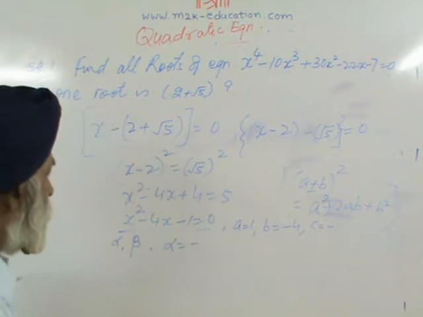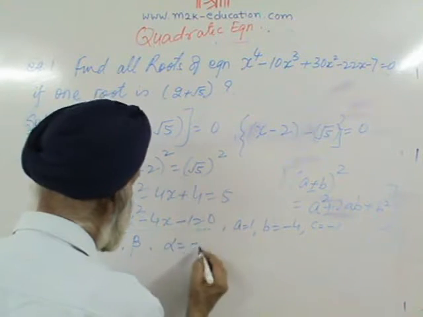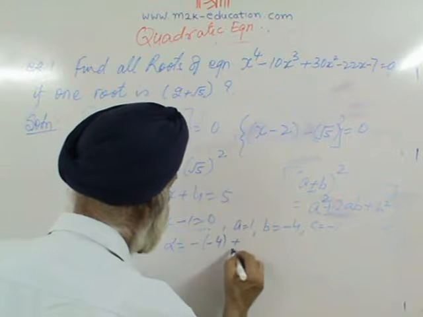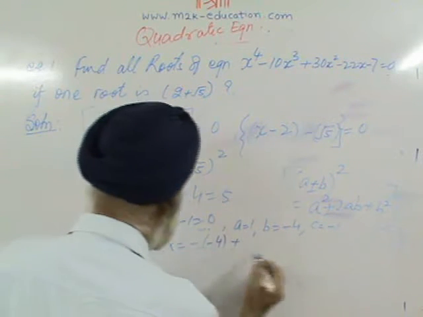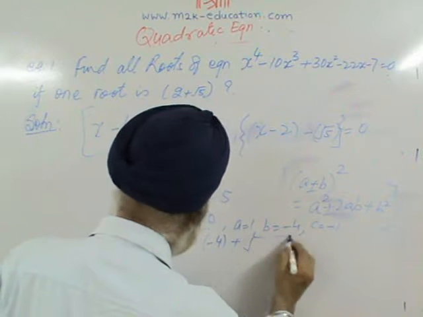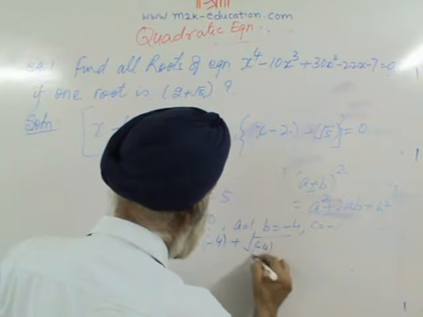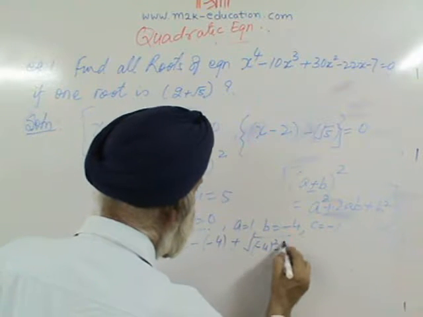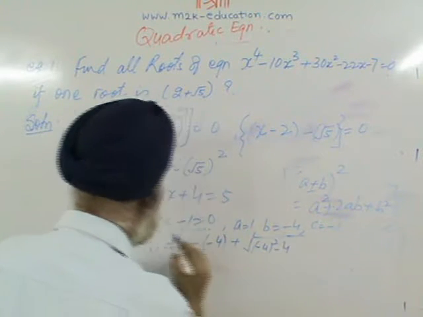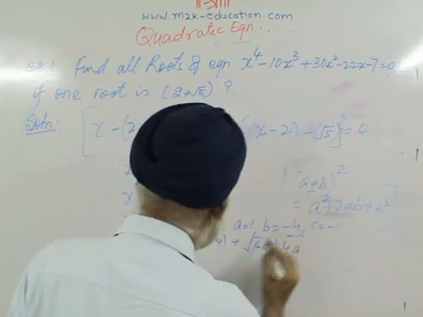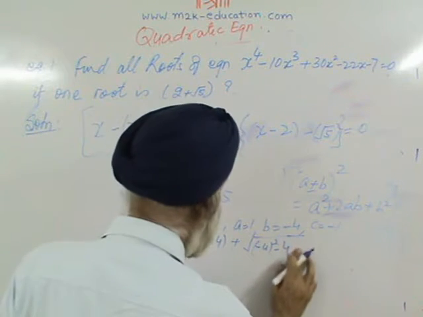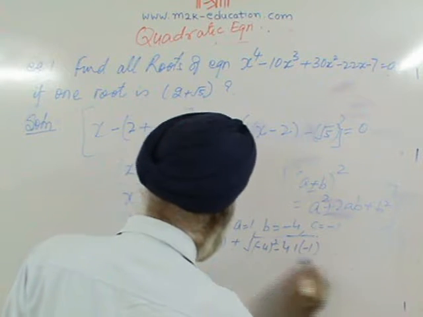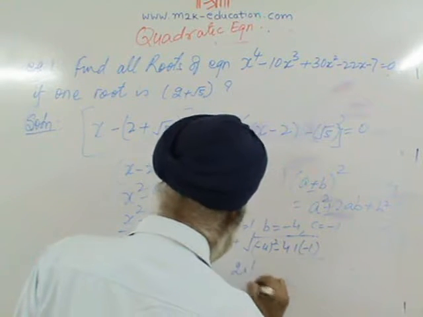So I get alpha equal to minus b plus root of b square minus 4ac, that is minus 4 whole square minus 4 times a, that is 1, and c is minus 1, upon 2 times 1.